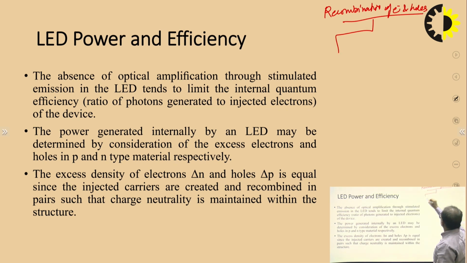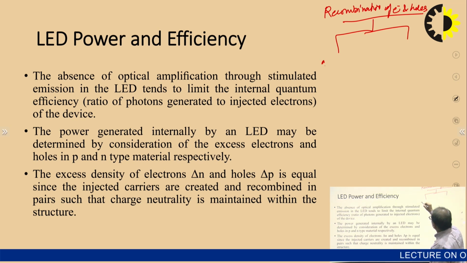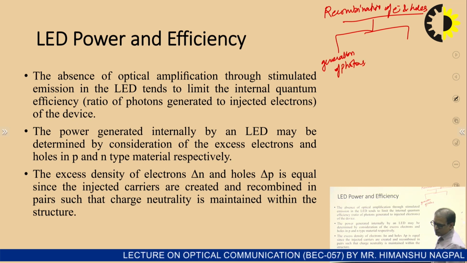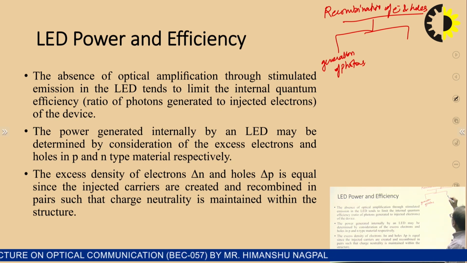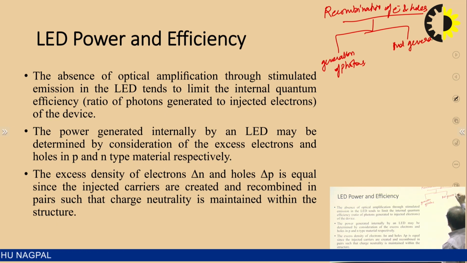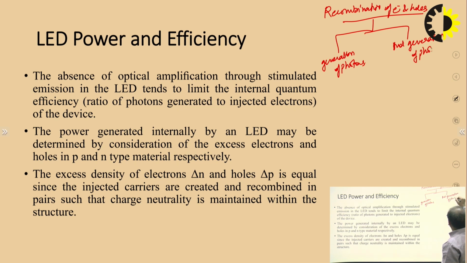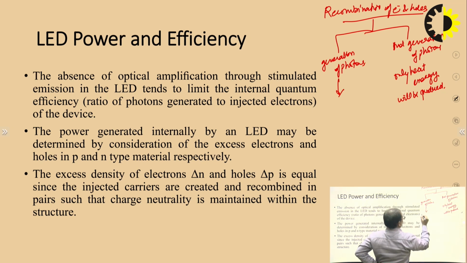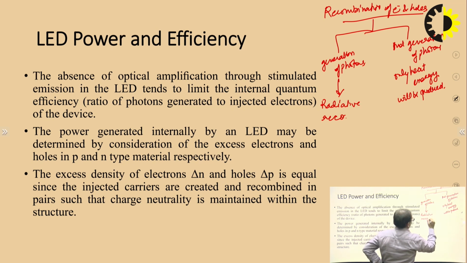On recombination, there may be a generation of photons, and there may also be recombination without generation of photons, where only heat energy will be produced. The type of recombination in which photons are generated is known as radiative recombination.